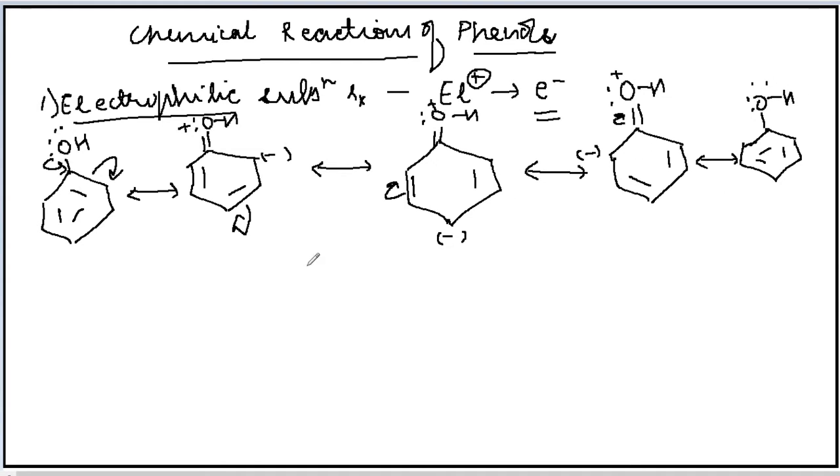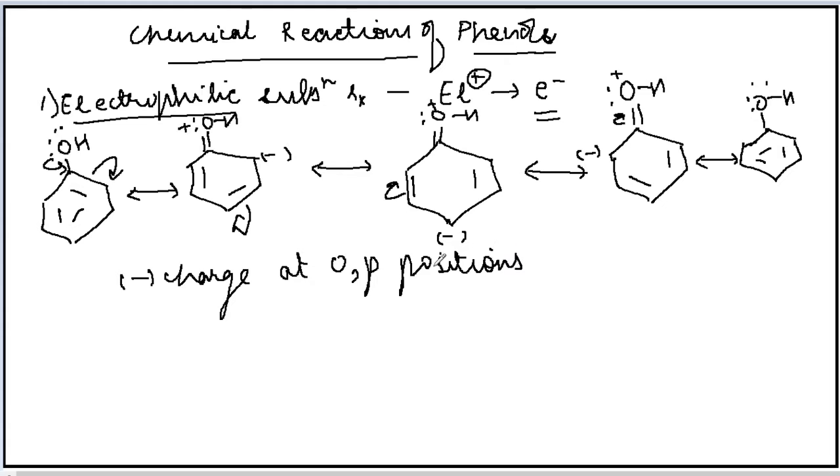So if you look at the resonating structures, you can see that the negative charge is there at the ortho and the para positions, and due to the presence of this negative charge, the benzene ring can undergo electrophilic substitution reaction in case of phenol.